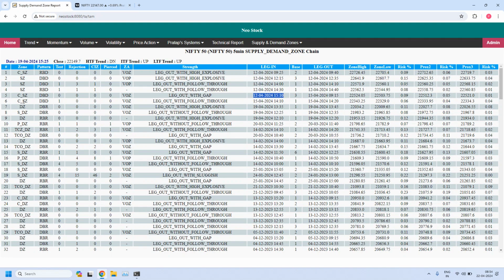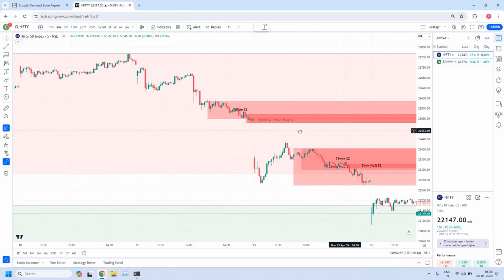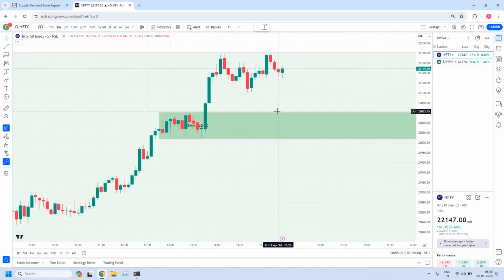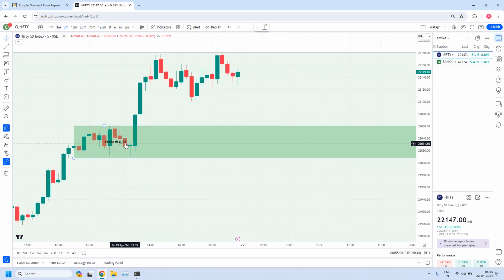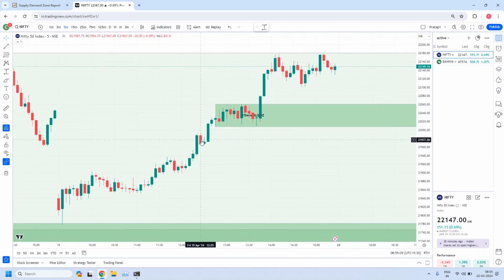We have these two supply zones. When it comes to the demand zones, high liquidity demand zone, 8th one, 19.4, 12.25. So where is 19.4, 12.25? So we have a drop base rally.